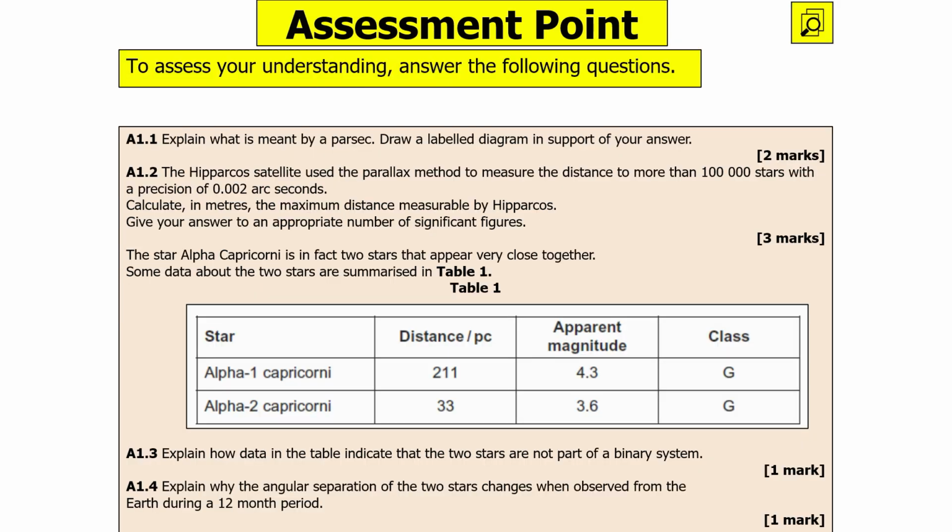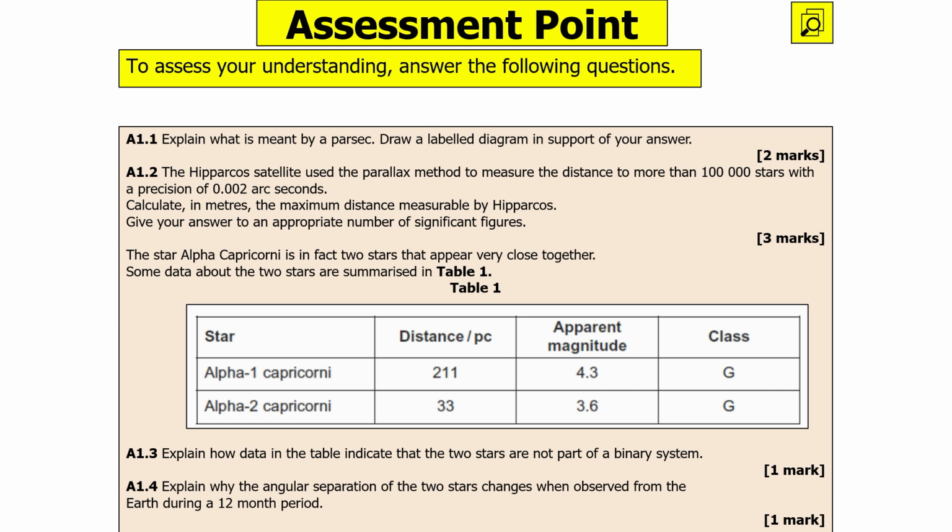The next question says, firstly, explain what is meant by a parsec and draw a labelled diagram in support of your answer. Then the Hipparcos satellite used the parallax method to measure the distance to more than 100,000 stars with a precision of 0.002 arc seconds. Calculate the maximum distance measured by Hipparcos in meters, and give the answer to the appropriate significant figures.